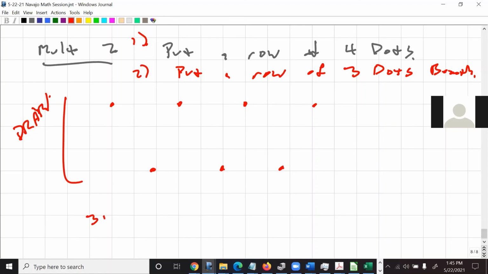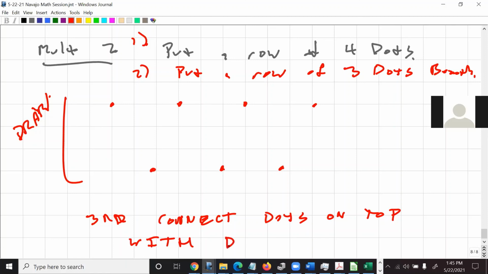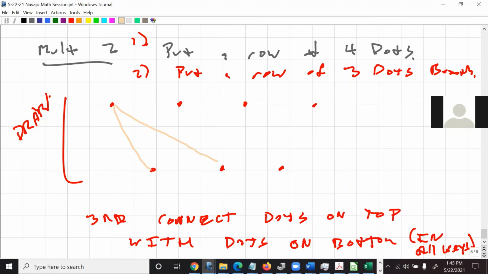Third, connect the dots on top with the dots on the bottom, in all ways. So there I see 3.